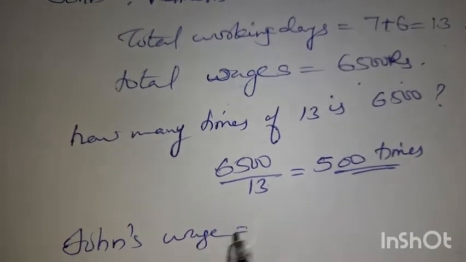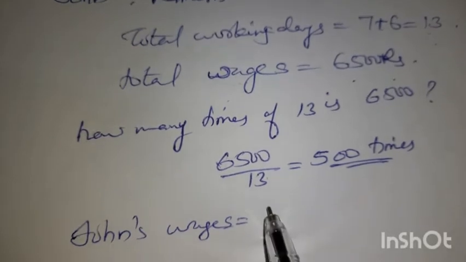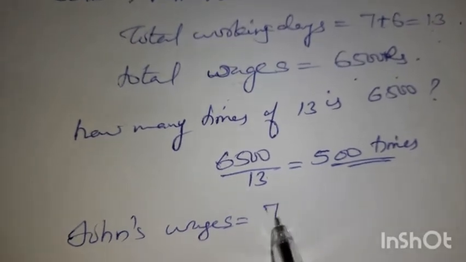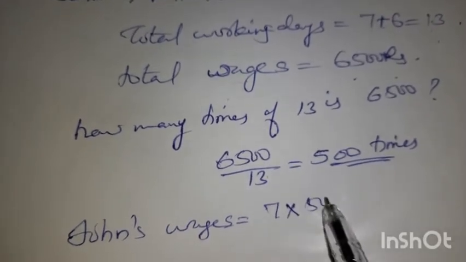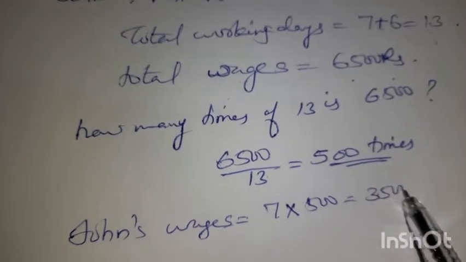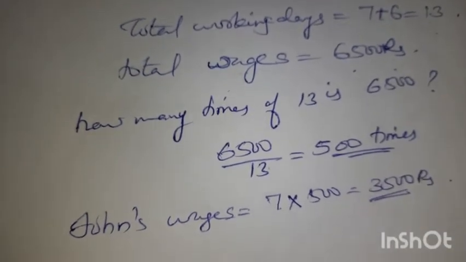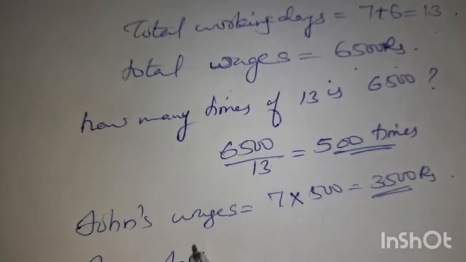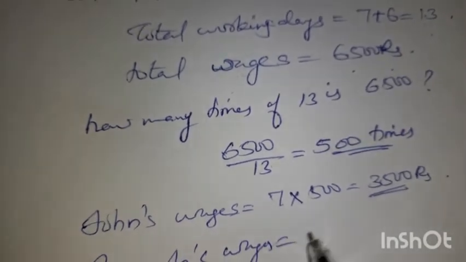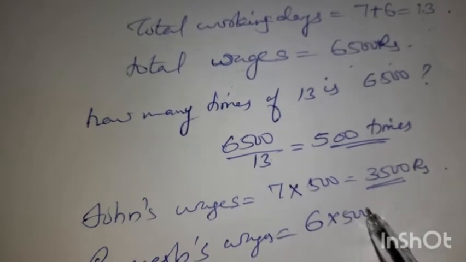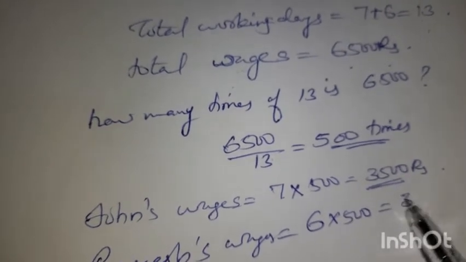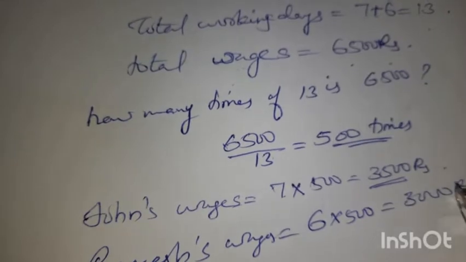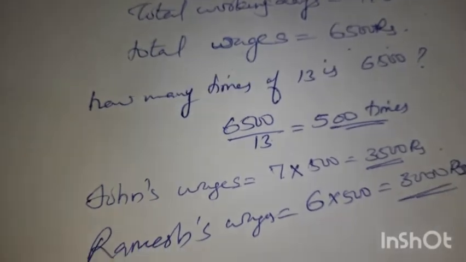John's wages is equal to he worked 7 days. So 7 into 500, 3,500 rupees. Then what about Ramesh? Ramesh wages. He worked for 6 days. Each day they will get 500 rupees. So 3,000 rupees.